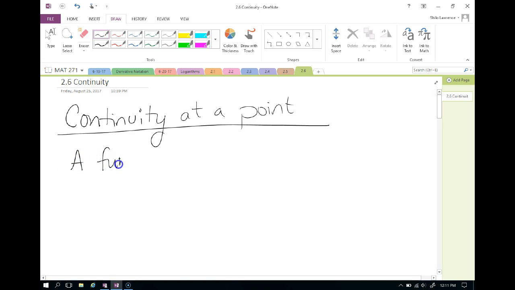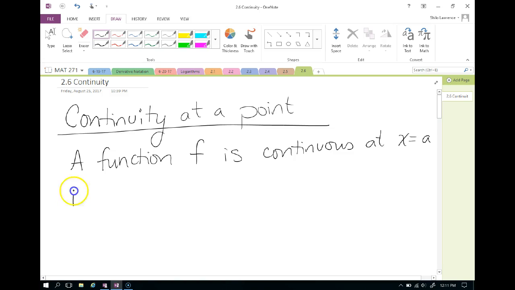So a function f is continuous at x equals a, so just at a single point a, if the limit as x approaches a for this function is equal to f of a.